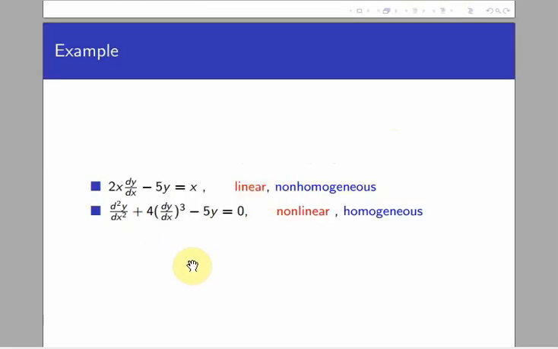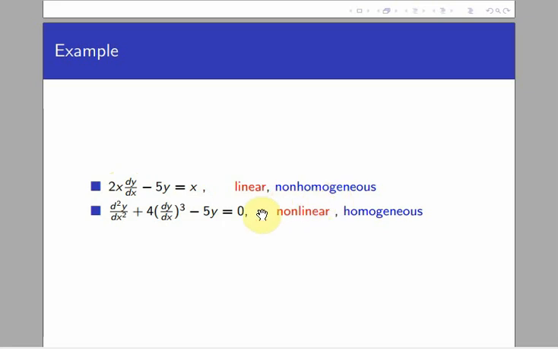Example: 2x dy by dx minus 5y equals x. Here, the coefficients of the derivatives are functions of the independent variable, so the differential equation is linear.